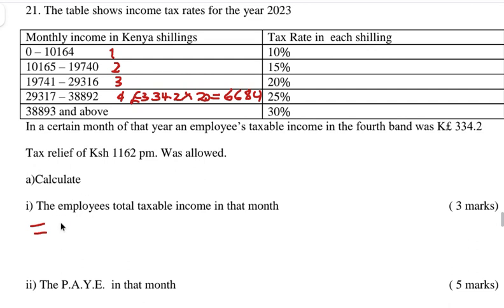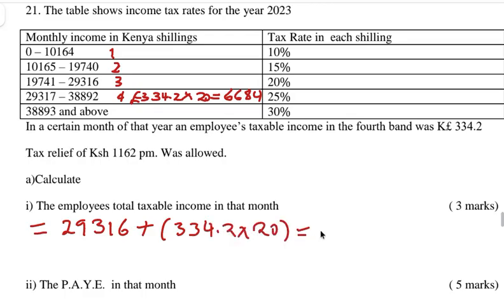So what you do, utachukua hiyo 29,316 Kenya shillings plus ile ambayo tumepata 334.2 times 20. Sawa, in which tulipata 29,316 plus 6,684. Sawa, equal to, chukua calculator yako tena, 29,316 plus 6,684 itakupa 36,000 Kenya shillings.